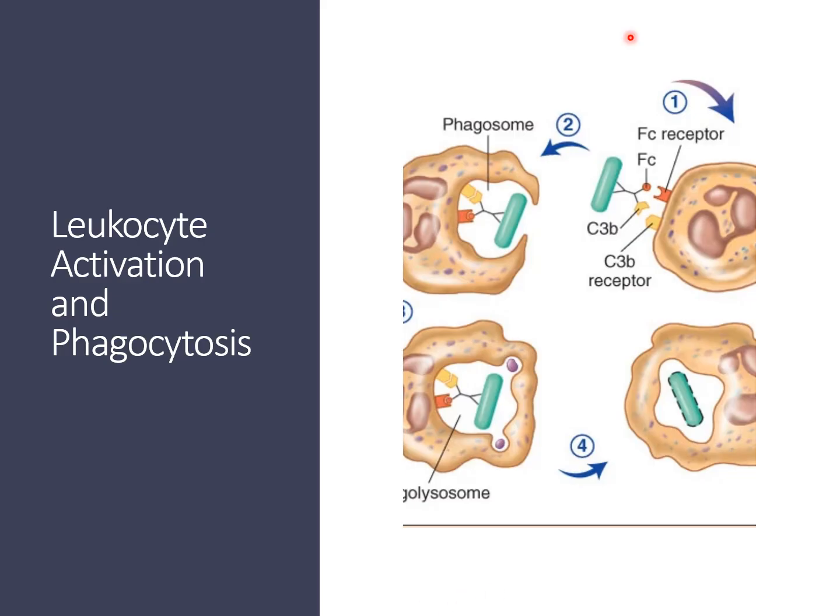So again, once at the site of injury, the products produced when we injure tissue trigger a number of leukocyte responses, including that phagocytosis and cell killing. Receptor activation triggers all this intracellular signaling, leading to the formation of what we call pseudopods that enclose the microbe within a phagosome.